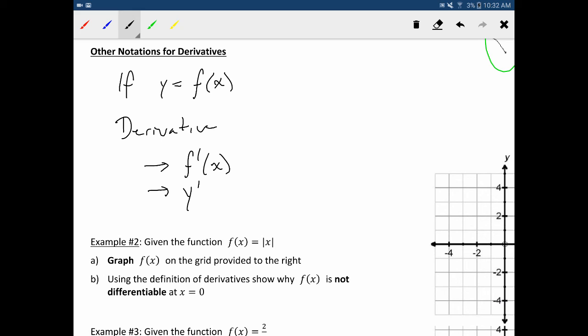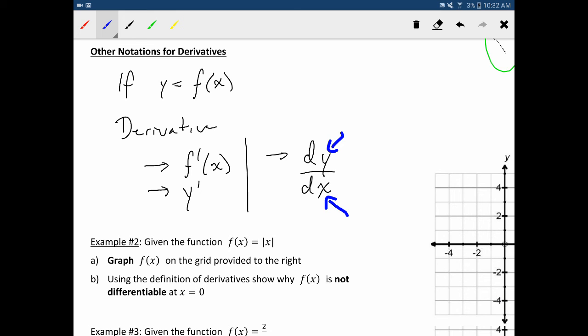As you go on, you'll see more and more of the Leibniz notation, and I'm going to try and use both notations throughout, because you do need to get used to both of them, because the Leibniz notation is actually more convenient as you get into higher level calculus. The way you'd write it is dy over dx, and what we would say is dy by dx. This is telling you that we're taking the derivative of y with respect to x.